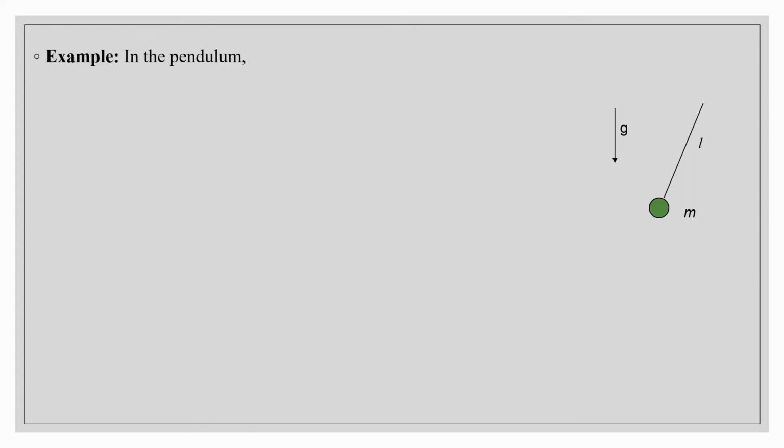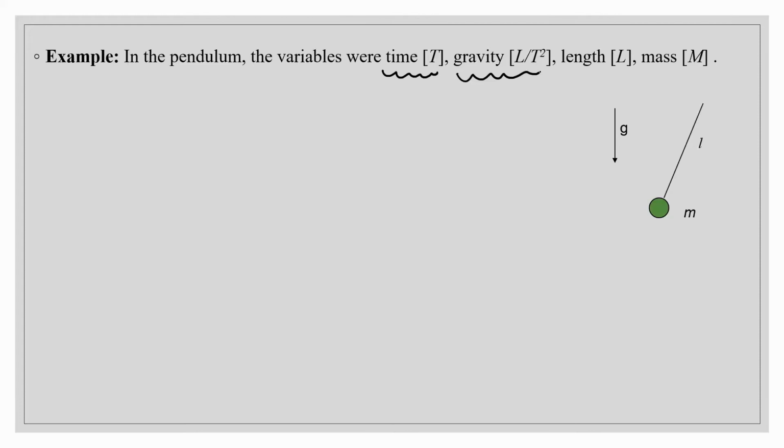If we consider a pendulum example, the variables involved are time, gravity, length and mass. So you can see that here n is equal to 4, where n means the number of variables: 1, 2, 3 and 4. And how many primitive dimensions? You can see that we have time involved, length involved and mass involved.